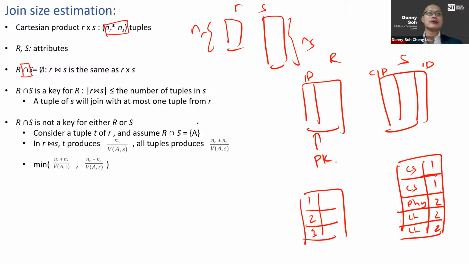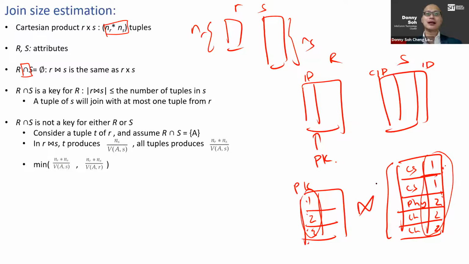So if I do a join here, this will be joined with this. So the number of tuples is at most equal to the number of tuples over here, because every single tuple here will join with a primary key over here.